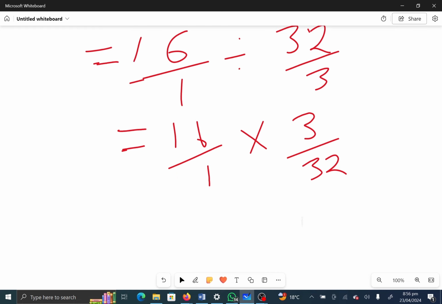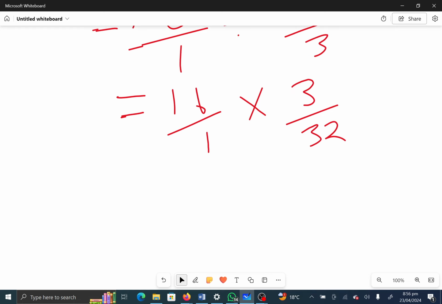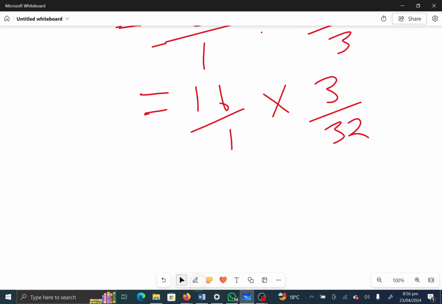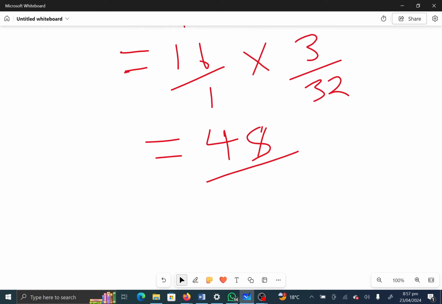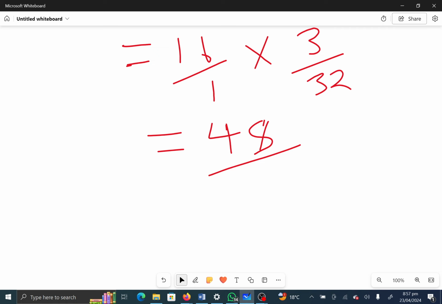Then we multiply. 16 multiplied by 3 gives us 48. You can also get your calculator so that we can move together. 1 multiplied by 32 gives us 32.